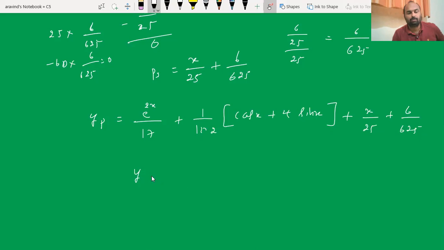So finally you combine them to get the general solution, which is the complementary function plus the particular integral. So this completes the solution.